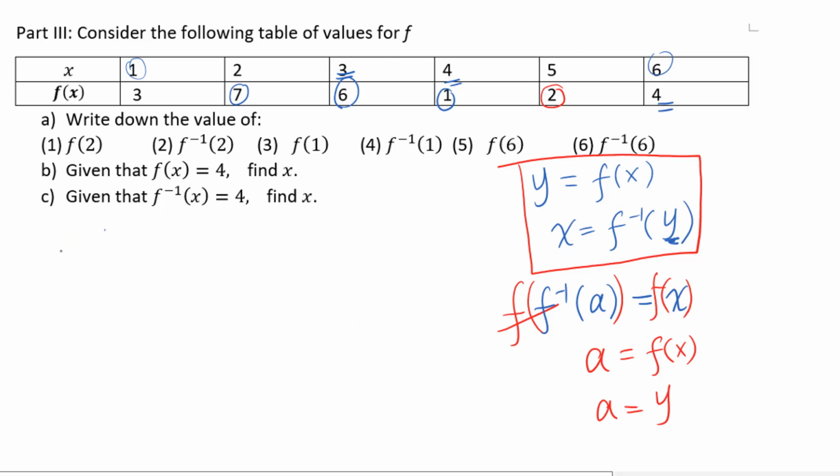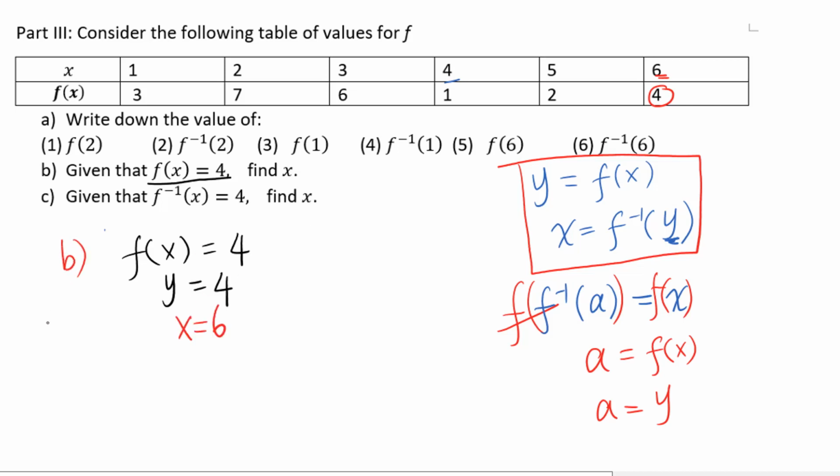Let's go to B. Given that f of x equals 4, find x. F of x equals 4. F of x, which means y equals 4. So y equals 4 is here. The x will be 6.